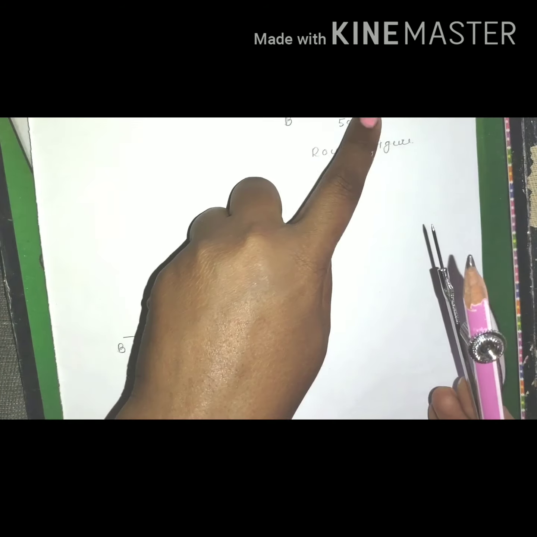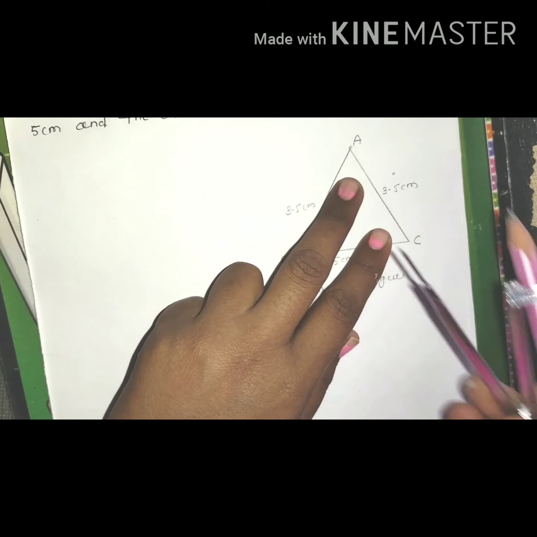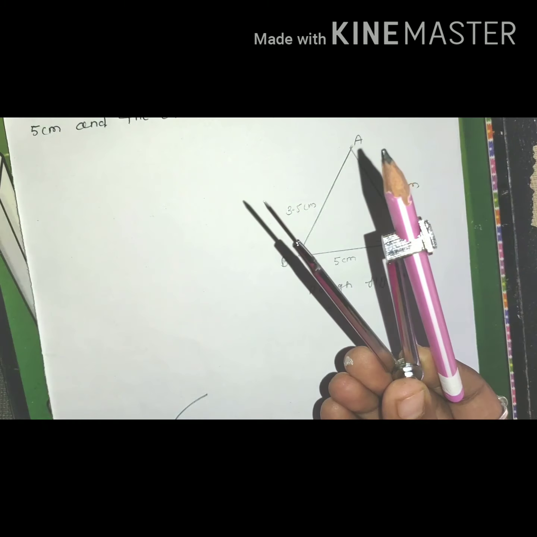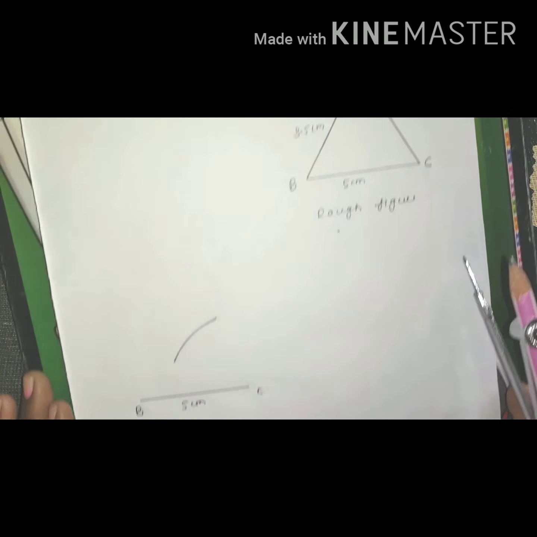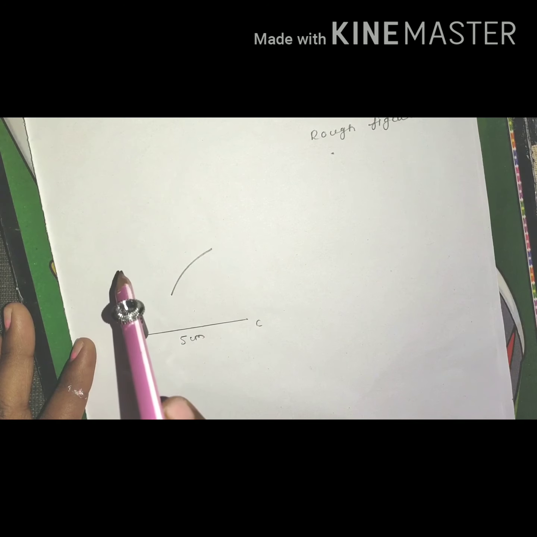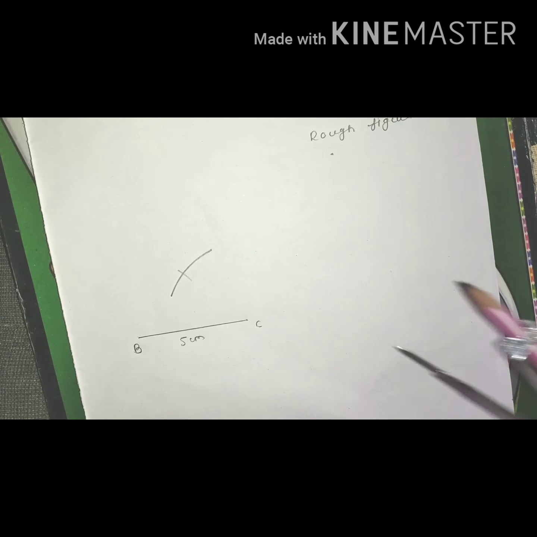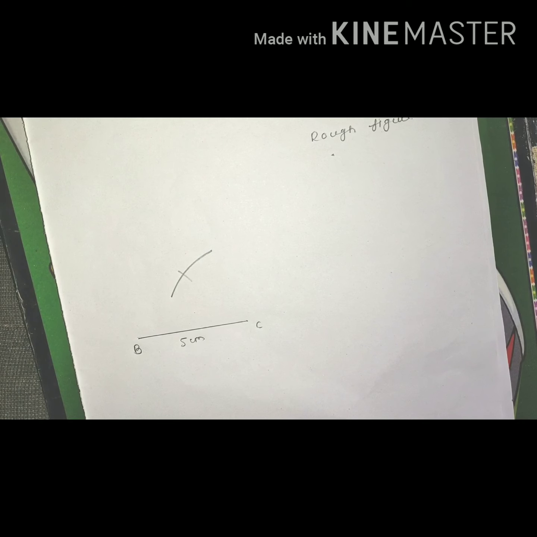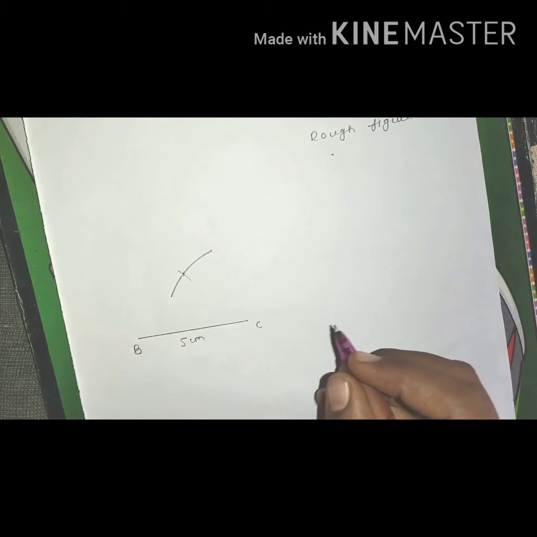Since both the sides are of equal length, that means अगर हम लोग ने एक बार इसमें 3.5 सेंटीमीटर का डिस्टेंस ले लिया, that will be same for the other side also. So यहाँ पे B, keep a compass at point B and make an arc which is going to intersect the first arc and make a point of intersection.